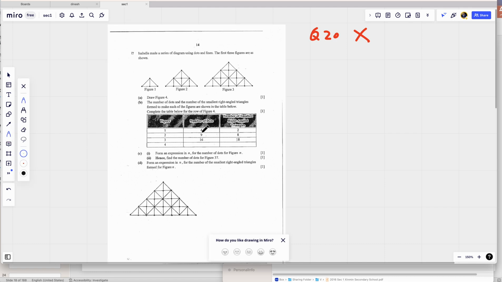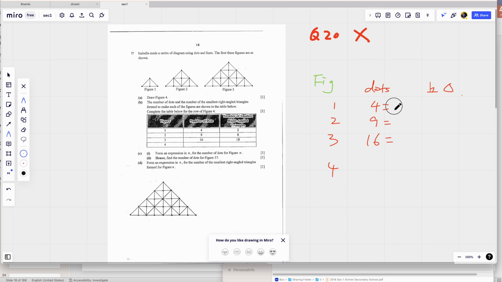You have the figure, then you have the dots, then you have the right angle triangles. So the dots are actually very simple. What is 4? 4 is the amount of dots. Yes, but what is 4? And what is 9? What is 16?